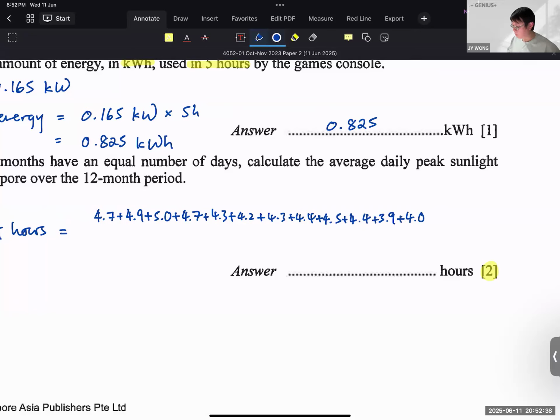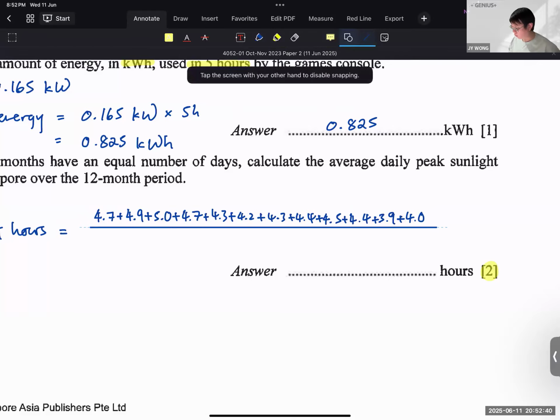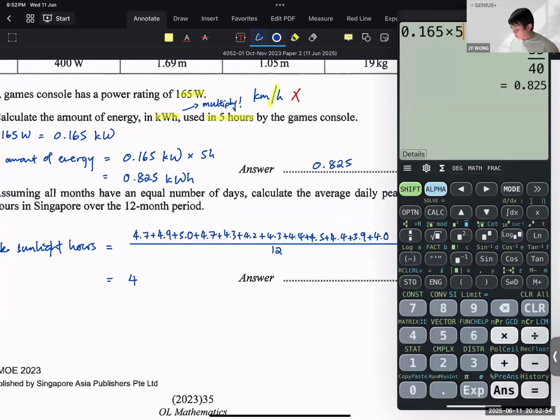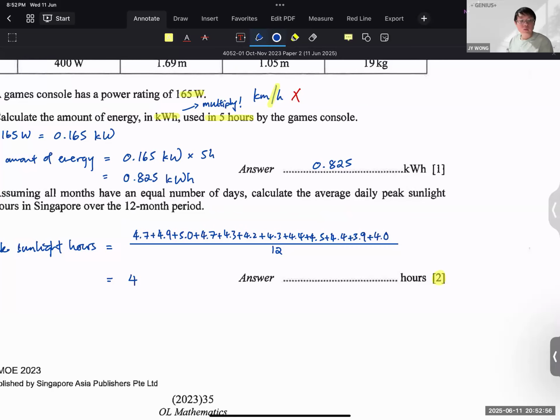Don't show -1 mark because this is clearly a 2-mark question, which means the method must be shown. Cambridge is so fun, isn't it? Okay, so must show because it is a 2-mark question and not a 1-mark question that you are used to. So this will give you 4 and 53 out of 120. Very nice number too. Thanks, Cambridge.